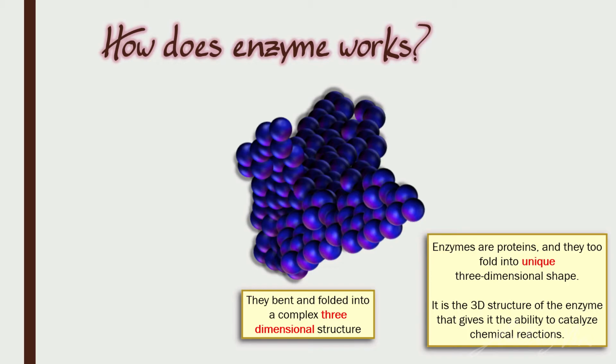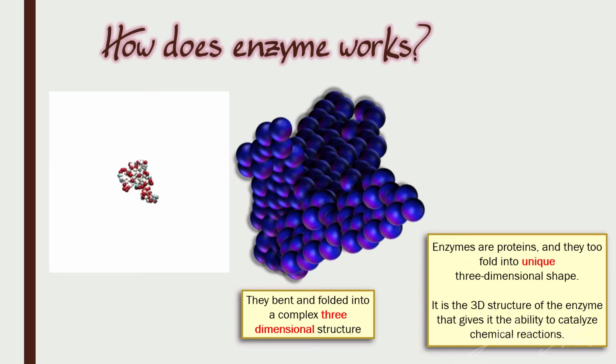How a protein or enzyme is folded depends on the amino acids. Remember, each amino acid has its unique R group. The R groups of the amino acids interact with each other, causing the enzyme to fold into its unique shape.